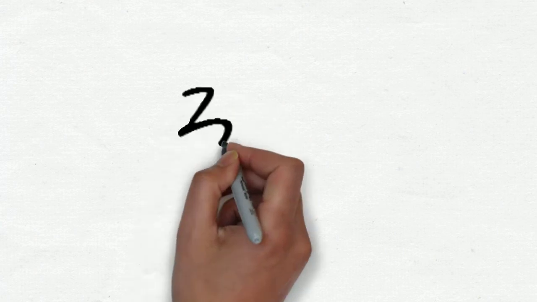If you do the math correctly, you should come up with a 3.37 GPA.